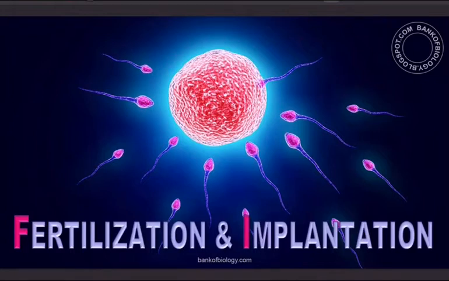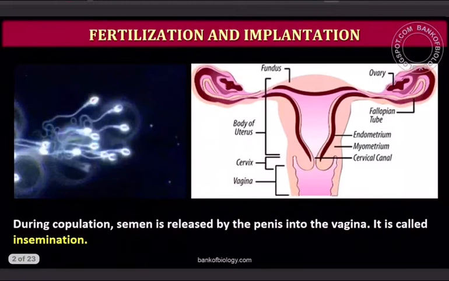So we are going to discuss the formation of zygote as well as how zygote gets implanted, attached to the walls of the uterus and stays there for around 9 months, becomes an embryo and gets delivered as a baby. So basically we are going to talk about fertilization and implantation in this session.